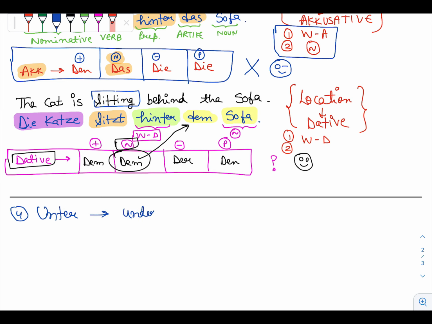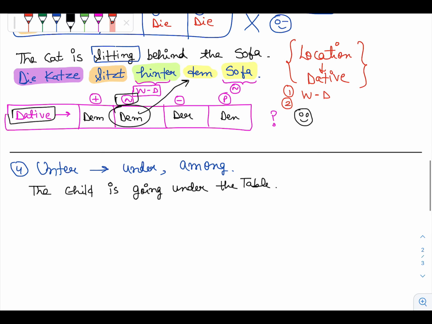Unter means under or among. The child is going under the table.